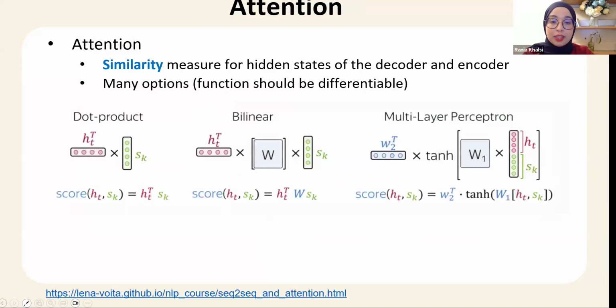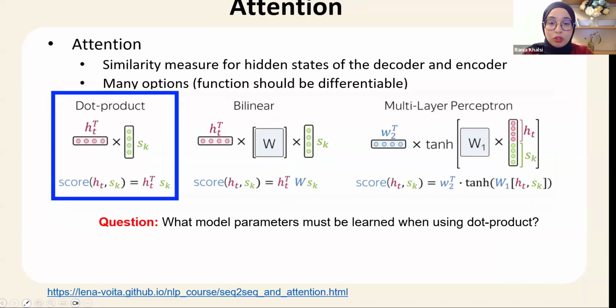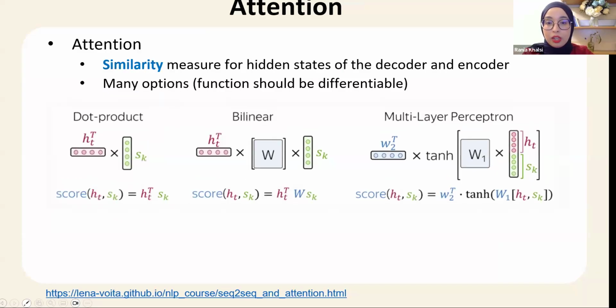A very simple way is to compute the similarity matrix using the dot product. We use the dot product because, as we mentioned, it does not introduce any weights or parameters.